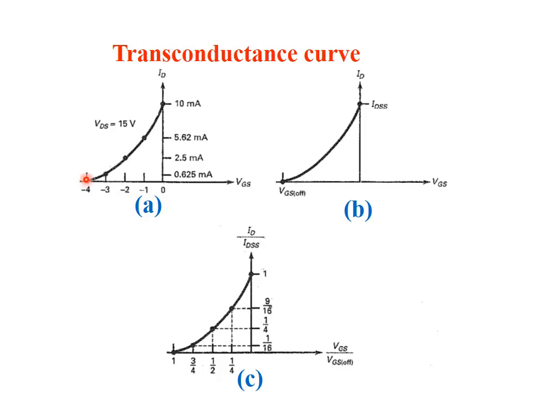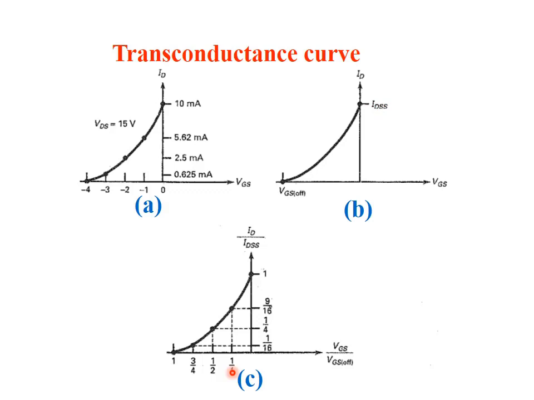So this is when the transistor is fully off, no drain current, and the drain current increases until it reaches the maximum drain current when VGS equals 0, and that will be 10 milliamp. So the two points for this curve are VGS off, and the other point is IDSS, the drain saturation current.